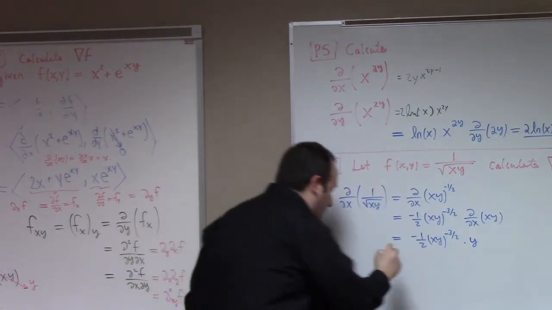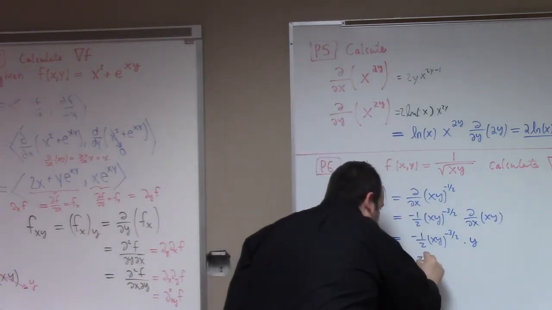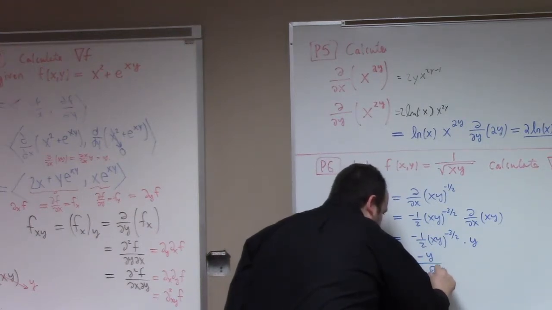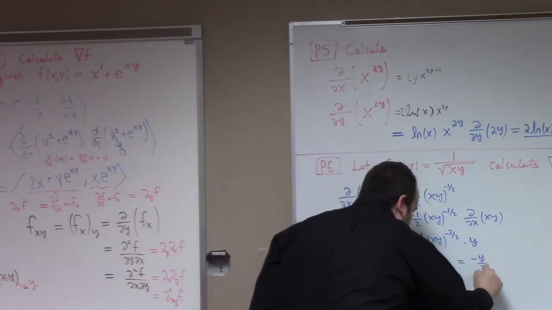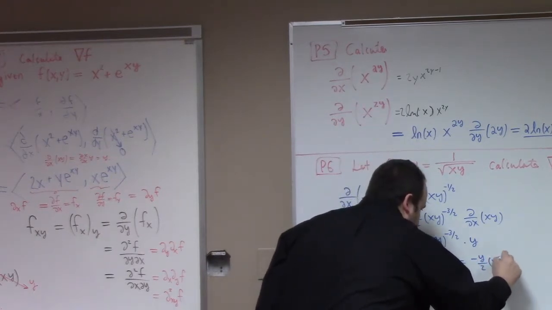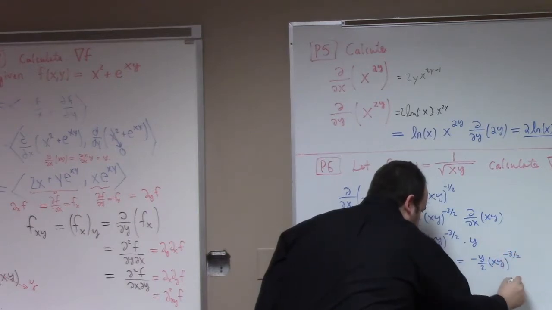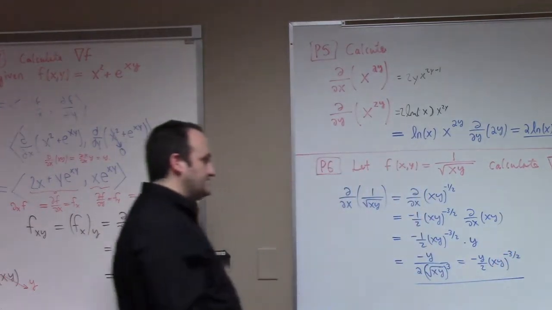And so, lo and behold, we've got minus y over 2 times the square root of xy cubed, if you like. Or you could just as well write it minus y over 2 times xy to the minus 3 halves. I don't really care. Whichever floats your boat. They each have their place.